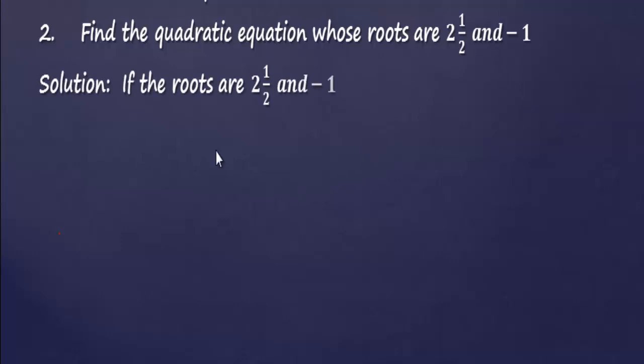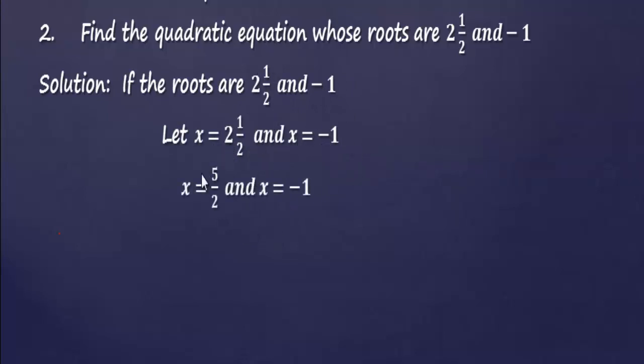Solution: if the roots are 5 over 2 and minus 1, then let x equals 5 over 2 and x equals minus 1. Carry them back. Are you following? Clear the fraction: 2 times x equals 5, and x equals minus 1.